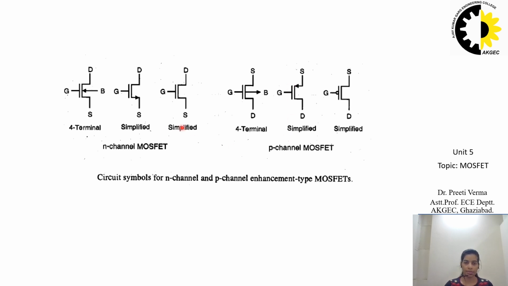And in the third representation, the simplified one where we have only represented the three terminals, how can we differentiate PMOS and NMOS? In PMOS we have this small bubble. That bubble is not present in the NMOS. So these are the three representations of the NMOS and PMOS transistors.